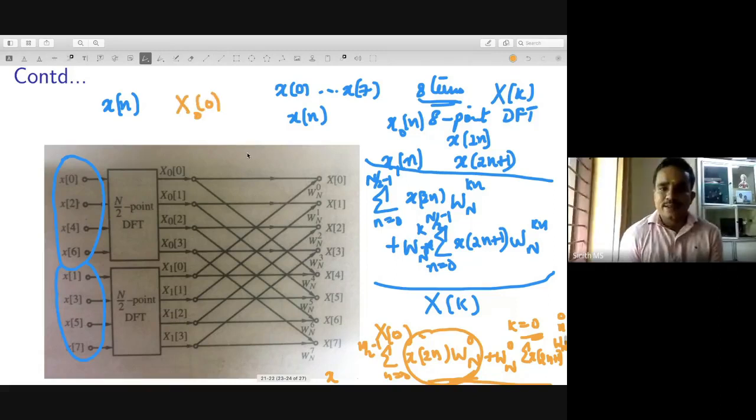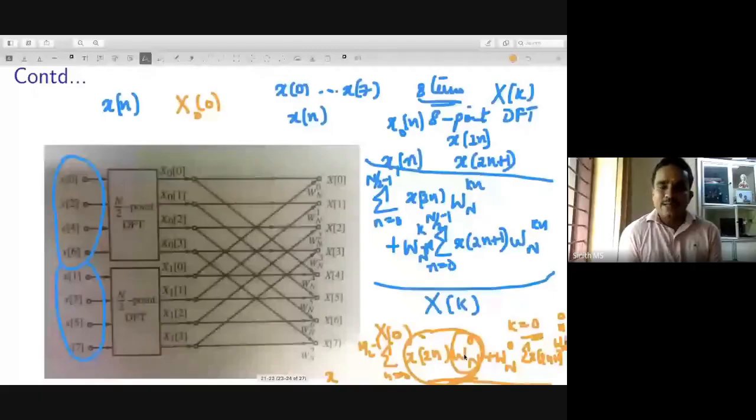This term is the DFT of the even terms of xn. Since your k value is 0, this will anyway become WN raised to 0. But if this was some other value, this will take different values, WN raised to kn. So as n varies, this will take different values if k is non-zero.